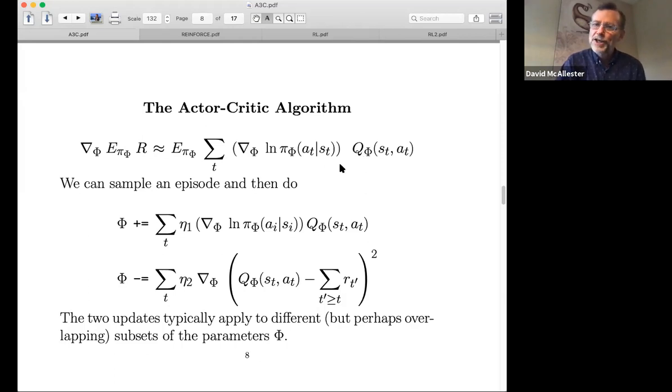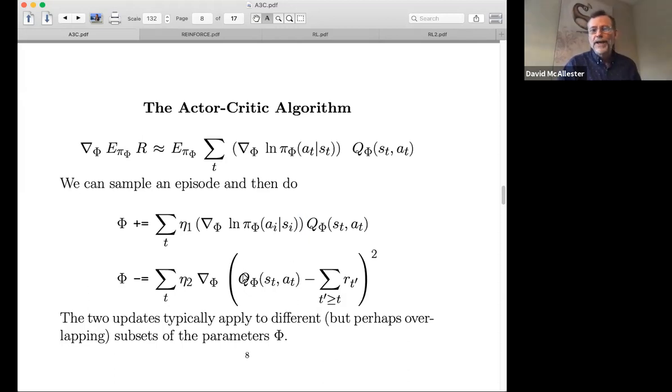And maybe there are shared parameters, but now there are 2 gradients. There's the standard reinforcement learning gradient from the REINFORCE algorithm. That's this. It's looking at the gradient of the policy, assuming that this Q function is reasonably accurate.